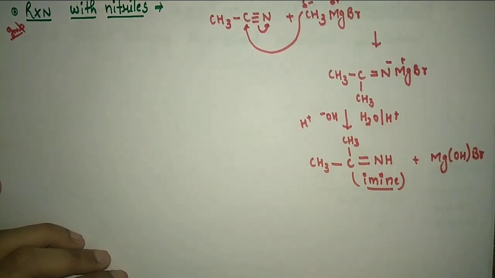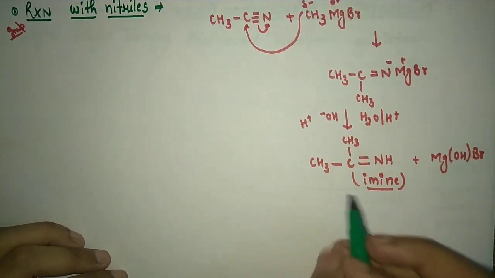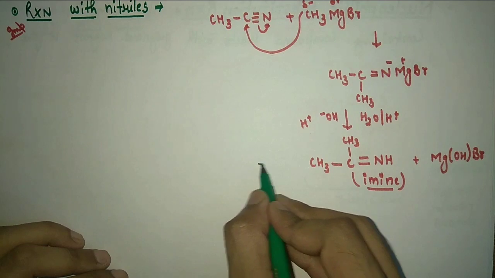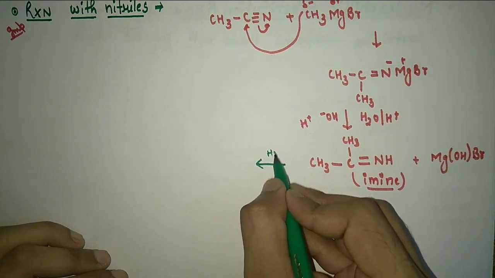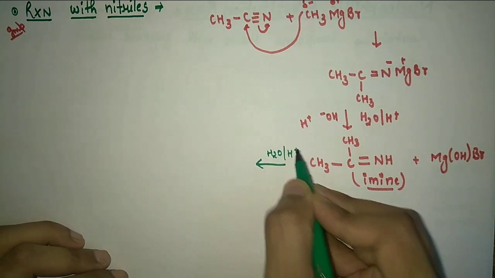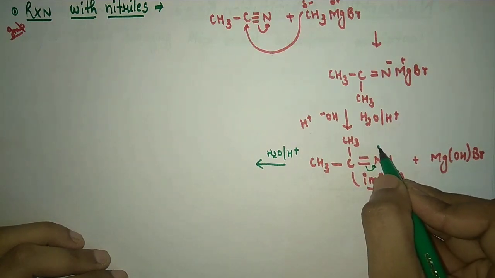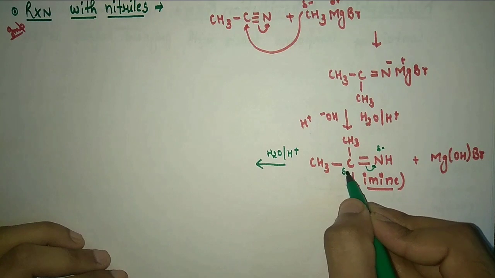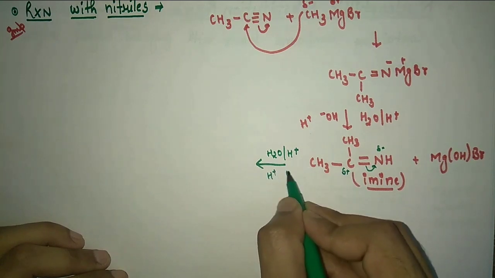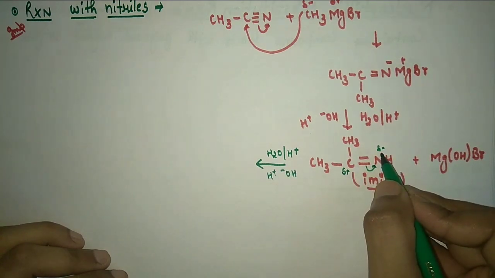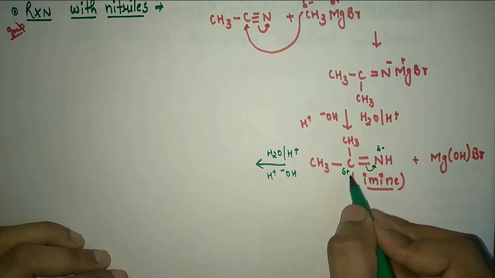Now it will undergo further hydrolysis. This imine will undergo further hydrolysis. Now what will happen? This pi bond moves to this, so here comes the negative and here comes the positive charge, H plus and OH minus. So it will accept the H plus and here comes the OH.